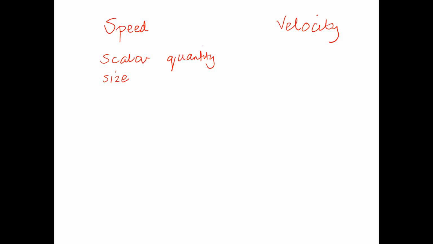So if we're moving 2 meters every second, we will say that we are moving at a speed of 2 meters per second. Using the old units, let's say a car is moving at 30 miles per hour. Okay. Now, notice here it's fine. That's everyday use of language. However, what we don't have here is a vector quantity, and the vector quantity is velocity.